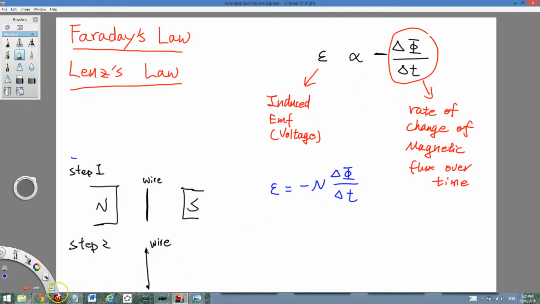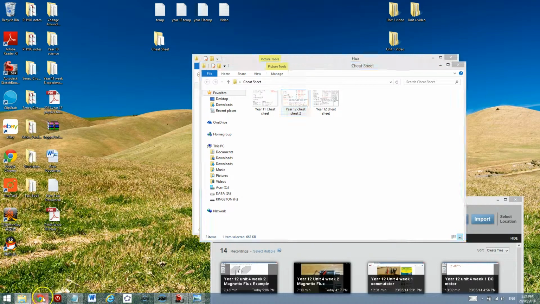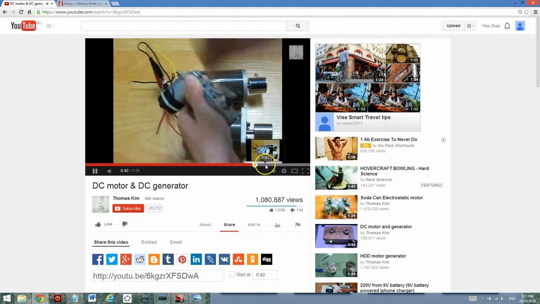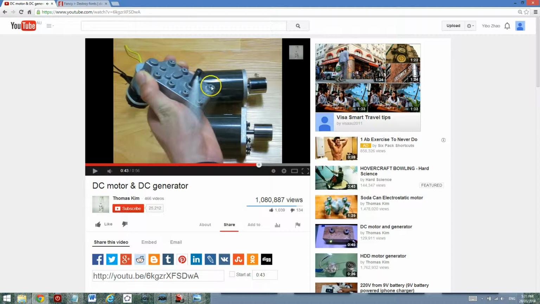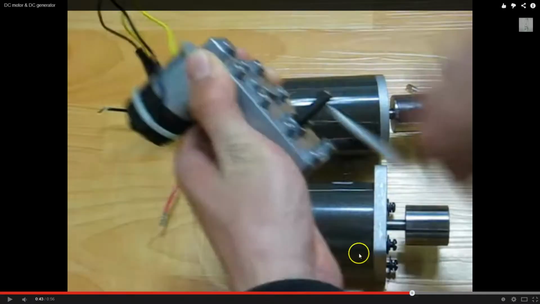If we go back to the YouTube video, as this guy turns the shaft more quickly, the rate of change of magnetic flux over time is increased.